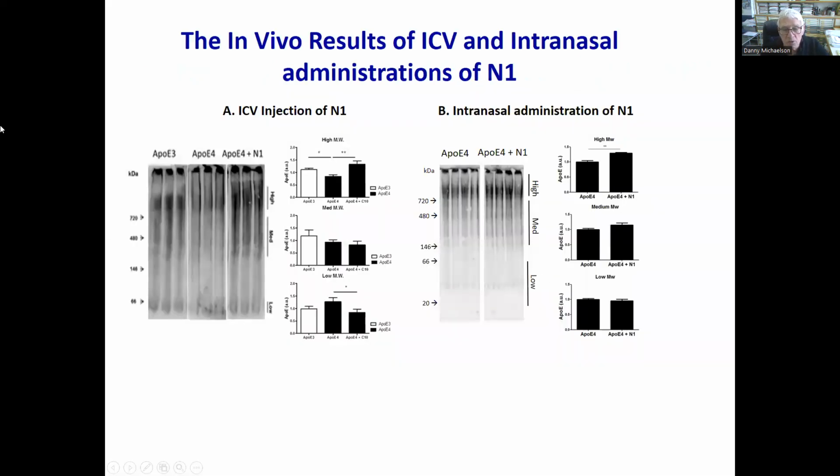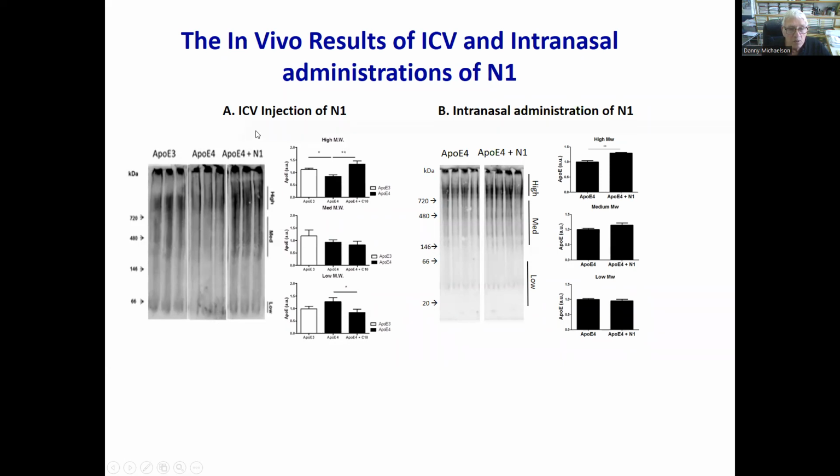Another important thing we wanted to know is whether it affects anything in the brain, because all the things that we've done so far were done in vitro. So we did some in vivo experiments. Dr. Alik Bar-El is the one who pursued them.